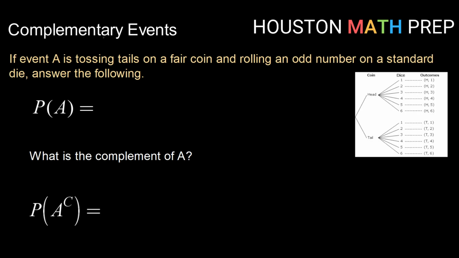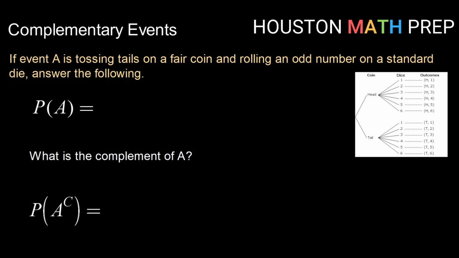Okay, so let's look at a slightly more complex sample space and see what we can do. So let's say we are tossing a coin and then also rolling a die. So we've got a tree diagram over here to show us all of our possible outcomes. When we toss that coin, we can either get heads or tails, so 2 possible outcomes.